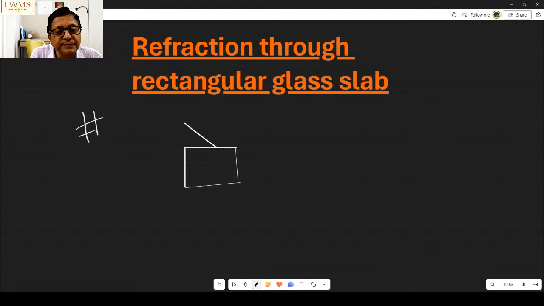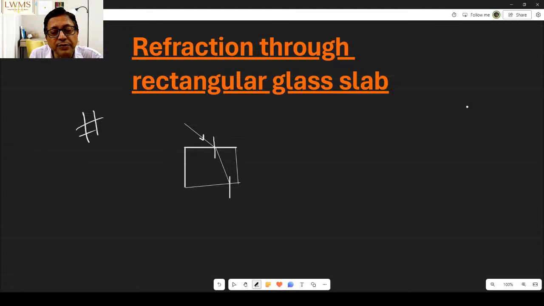Light entering at this point of incidence, this is the normal, light gets refracted. Then at this point again refraction, isn't it?